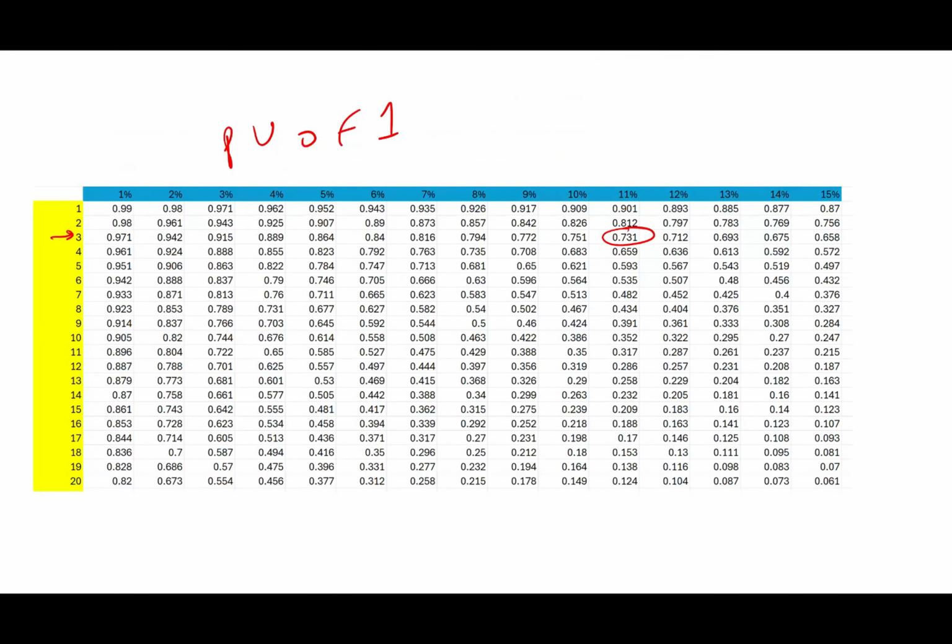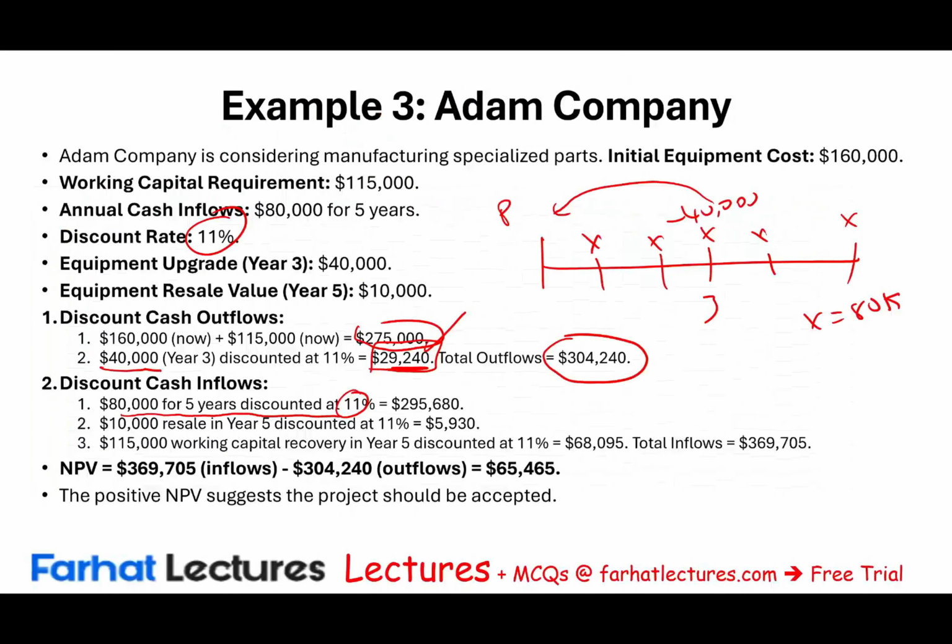We multiply that by the cash flow of 80,000. And we find that the present value of all these payments equal to positive 295,680.